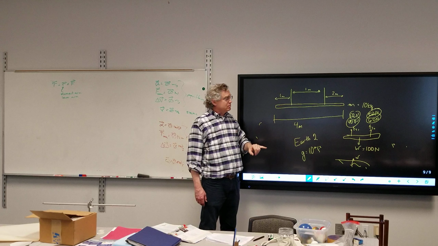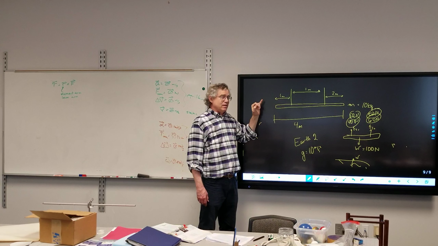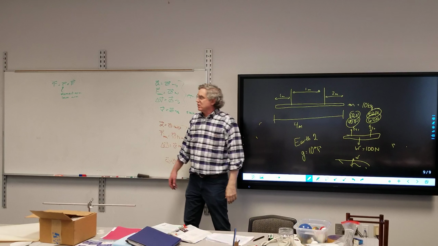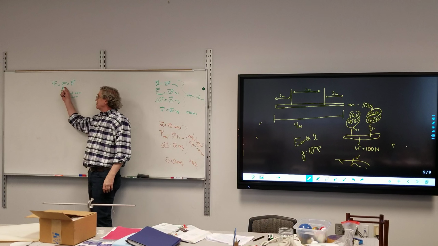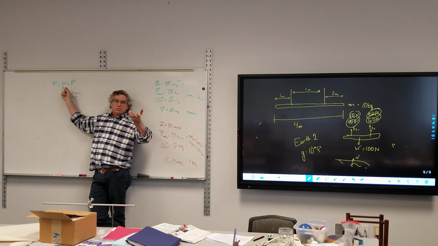So the easiest way is to pick a point where there's a force acting. Because torque has this R right here, a vector from the axis to where the force is applied. So if I pick the middle, then the weight doesn't exert any torque.